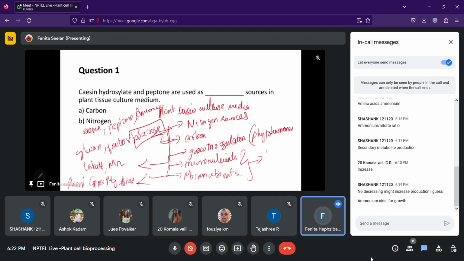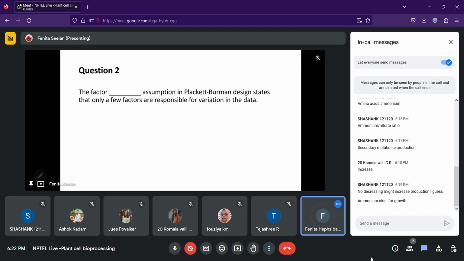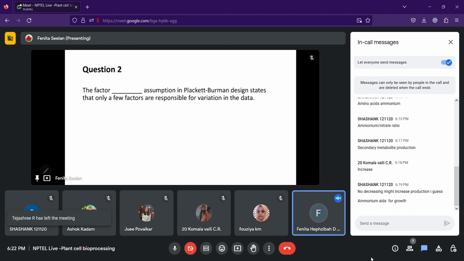We'll go to the next question. The next question is about Plackett-Burman design. The factor sparsity assumption in Plackett-Burman design states that only a few factors are responsible for variation in the data. So what would be the answer for this?